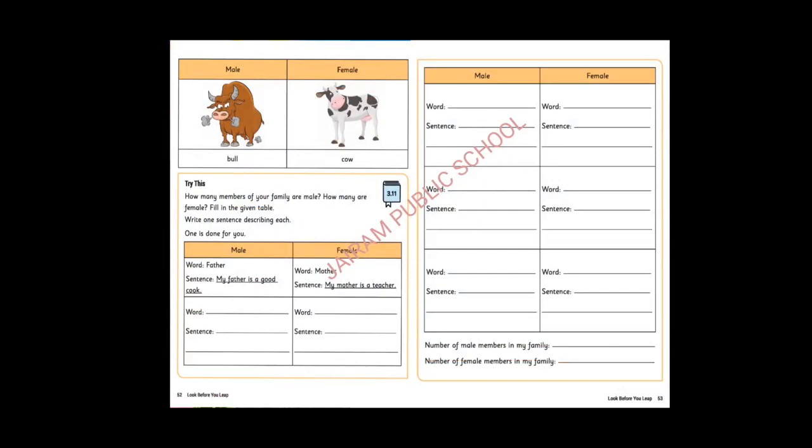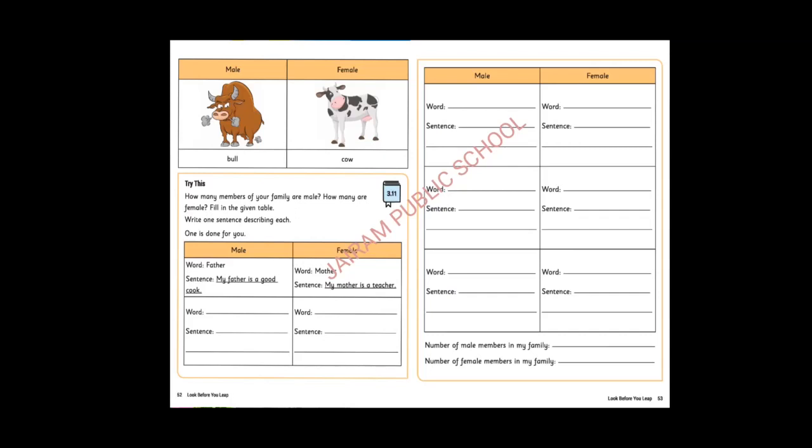Now try this activity. This is actually your studio activity. How many members of your family are male? Think about it, children. Male means, as I already told you, masculine noun, that is boy. How many are female? Female means feminine noun, that is girl.